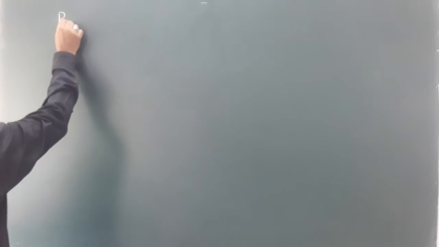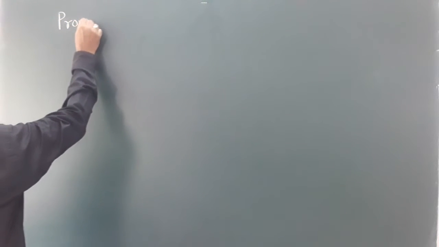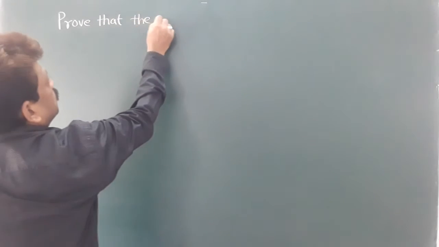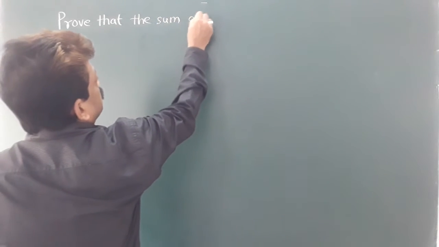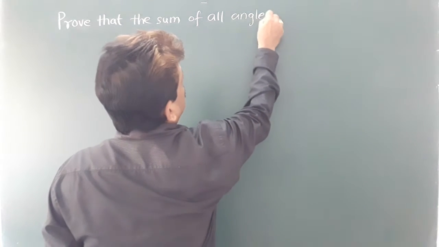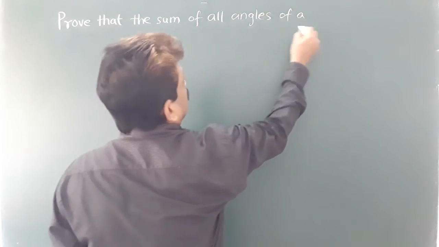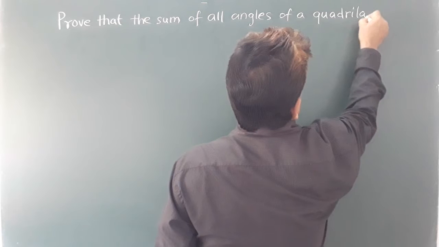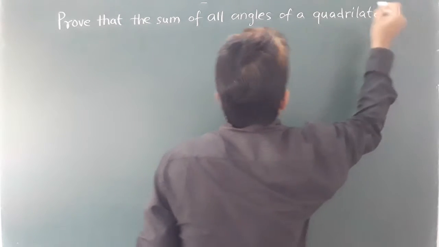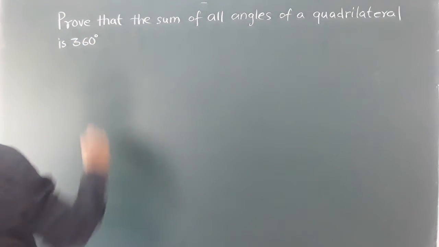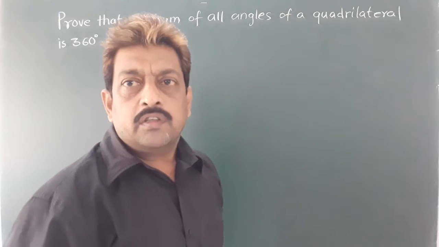The question is, prove that the sum of all angles of a quadrilateral is 360 degree. So actually this is a theorem.